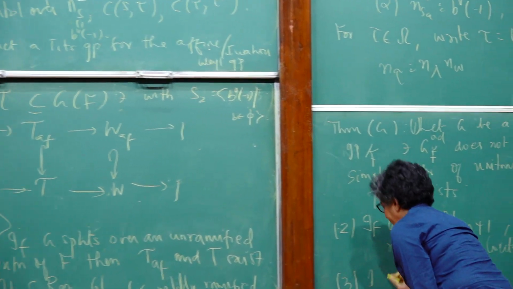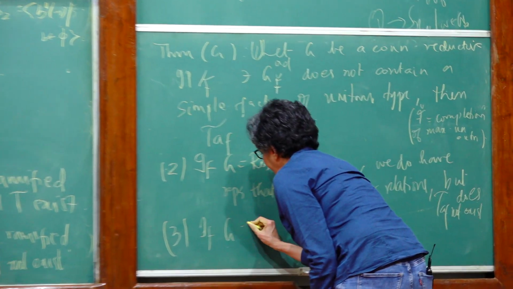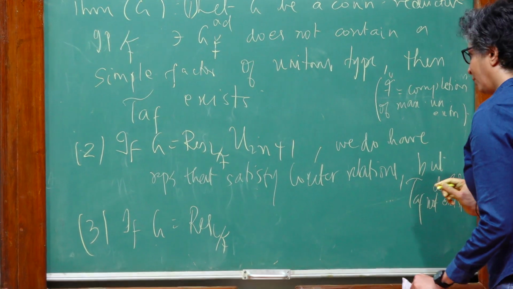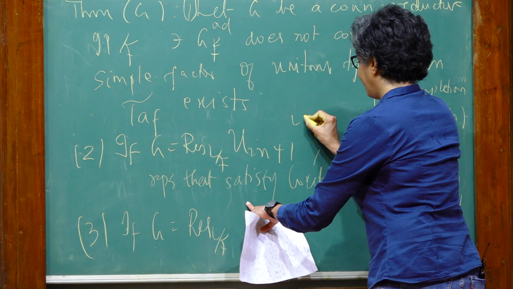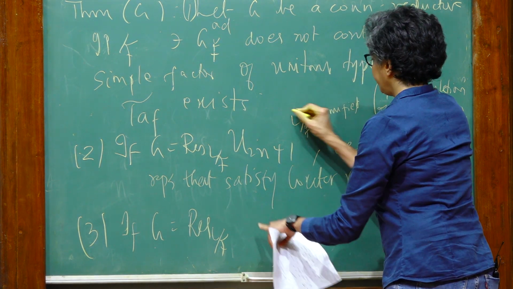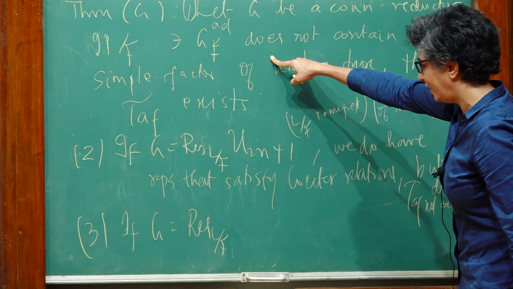And if G is an even unitary group, sorry, I forgot to say that this is when L over F is ramified. Of course, if it's unramified, it's already covered here.